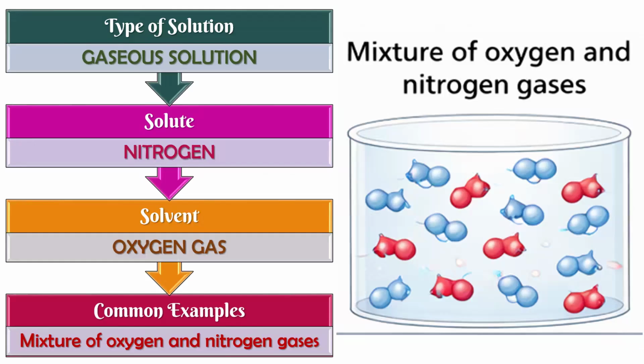So, first example, gaseous solution. Here the solute as well as the solvent is a gas. If both are gases, then automatically it will be a gaseous solution. Here the solvent is oxygen gas, the mixture of oxygen and nitrogen gas.